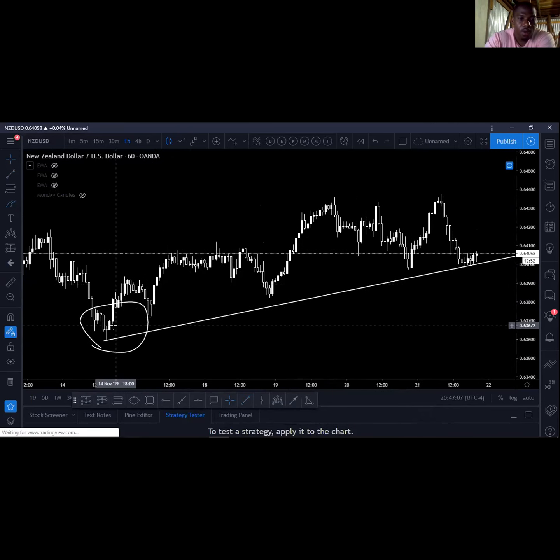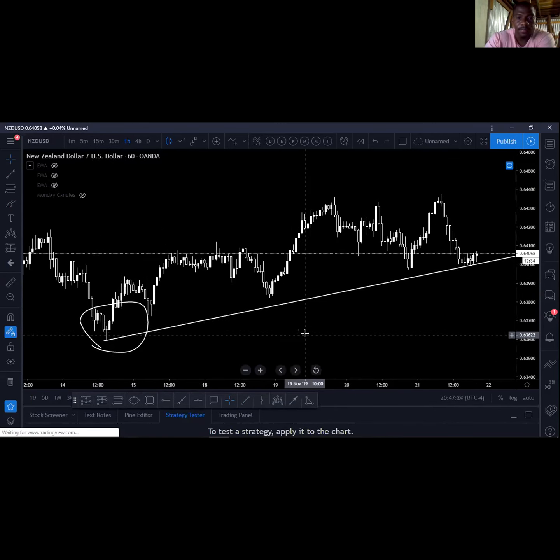You see one candle in the middle, and two candles to the left, and two candles to the right that are higher than this middle candle for the swing low. All right, and that's how you would identify my swing point.